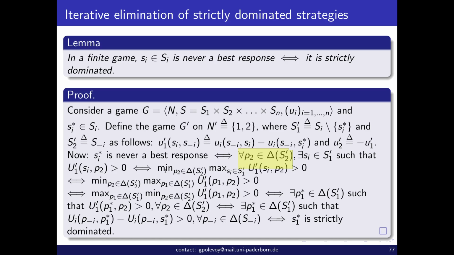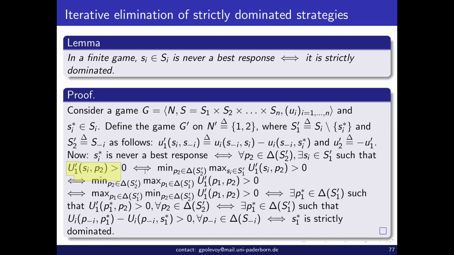Now let's go further. For any P2 mix, there is Si in Si' such that the mixed extension utility of Si against P2 is positive.